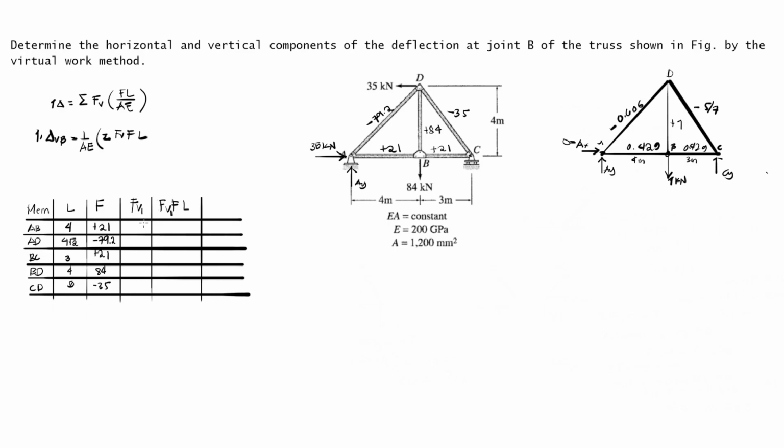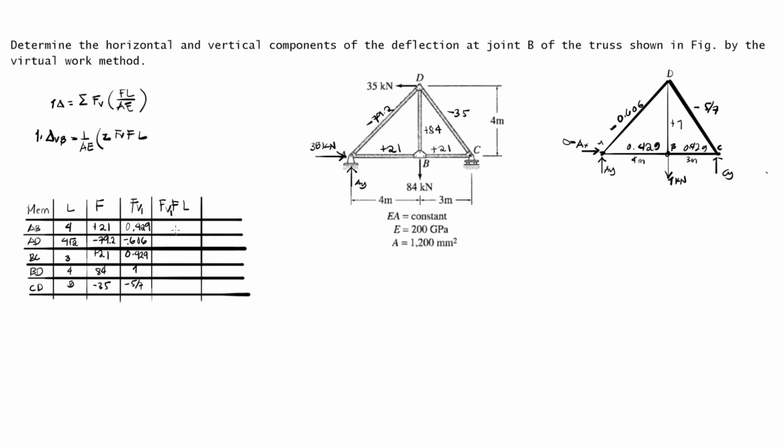So, unahin sa AB. Ang AB natin is 0.429. AD natin is negative 0.606. BC is positive 0.429. Ang BD natin is 1. And ating CD is negative 5 all over 7.